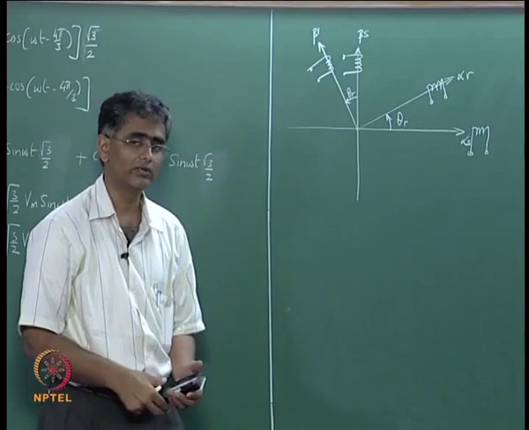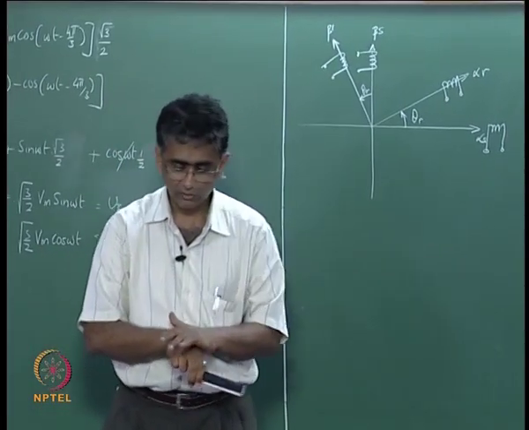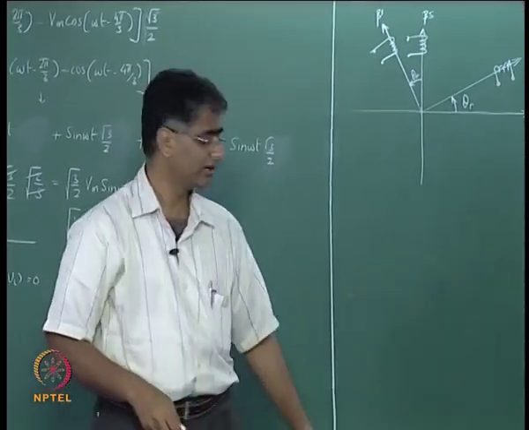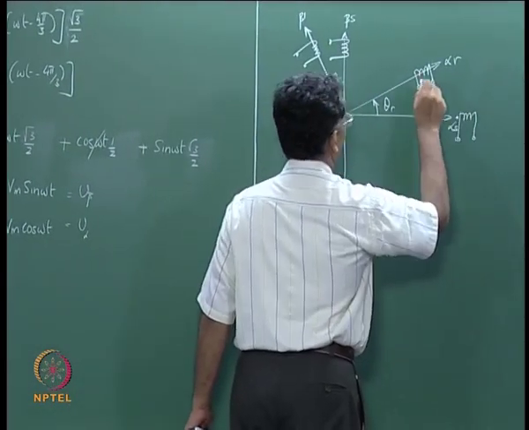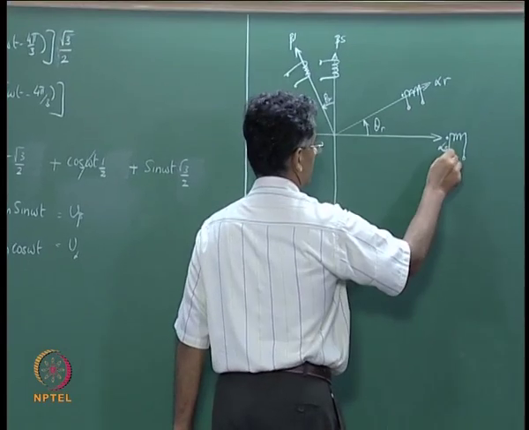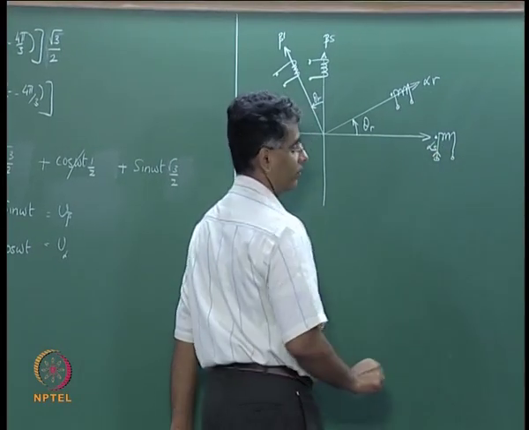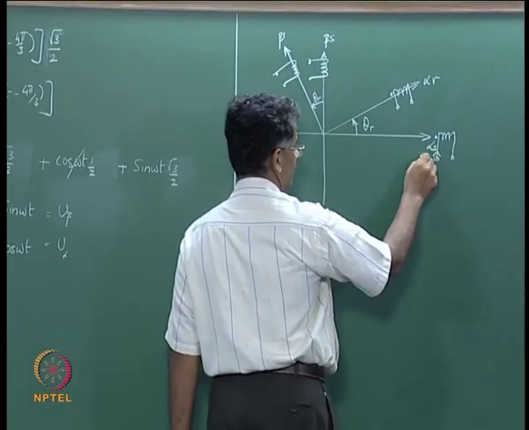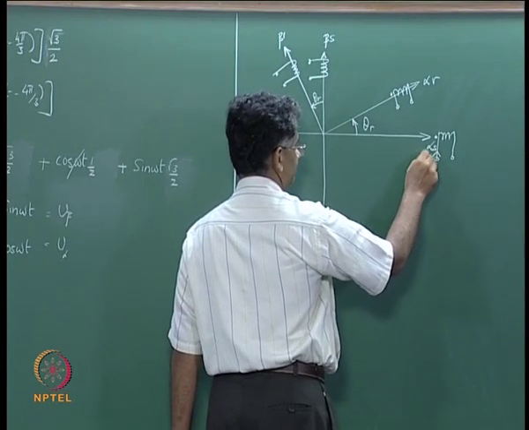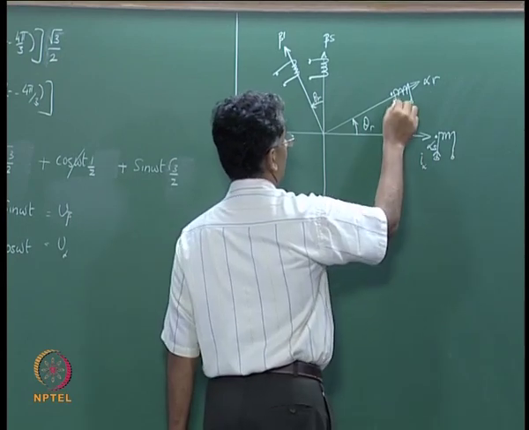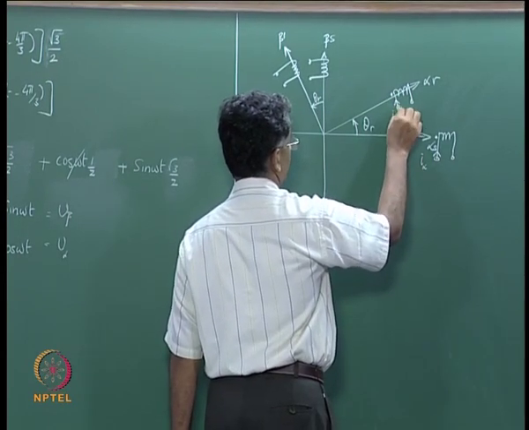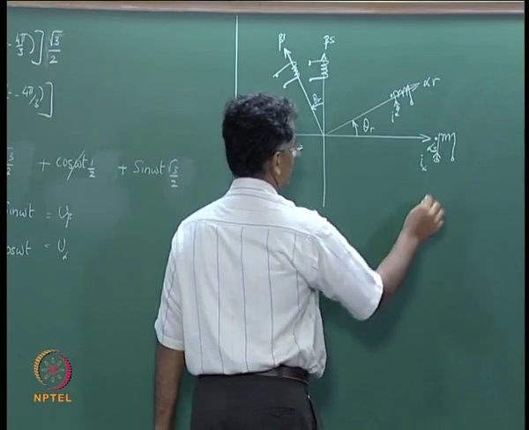Now, when we write the equations, we need to know how the flux lines are going to be oriented, and therefore we consider dot points here, and we consider that flow of current is into the dot point here, that is your I alpha for the stator, and this is the rotor variable I alpha.